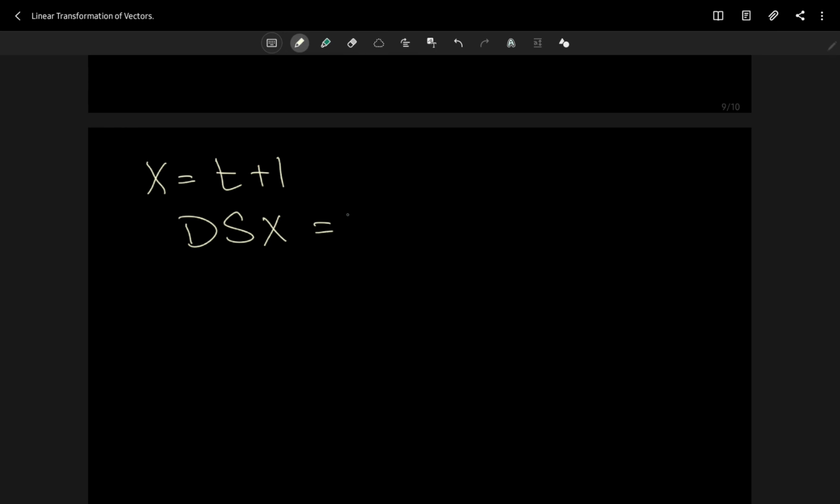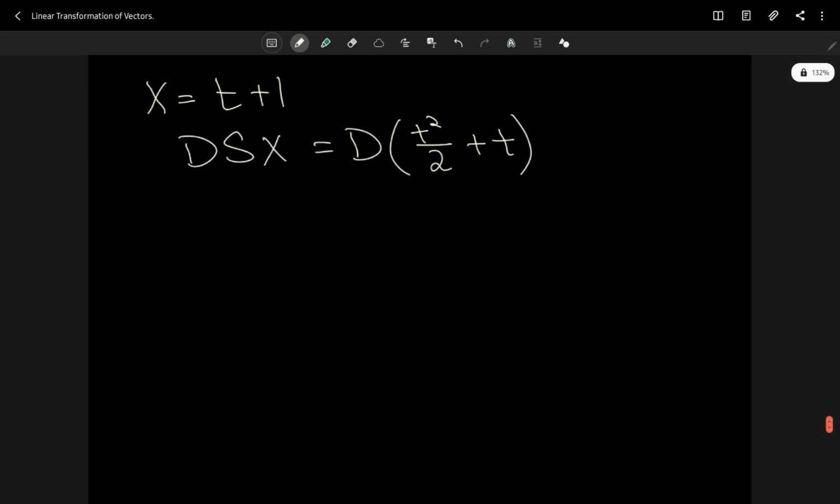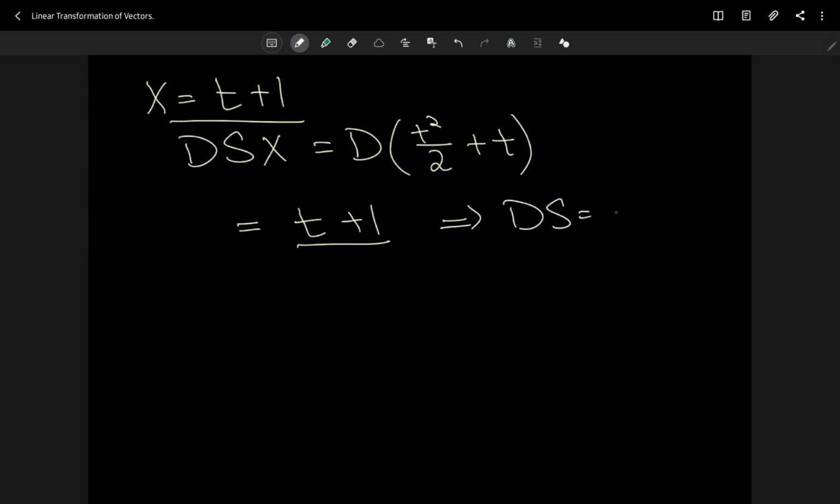If I apply the integration, the integral of t would be t squared over 2, and the integration of this 1 would be t, right? Now let me take the derivative. 2 comes down, and this thing becomes t plus 1. So far it appears that DS is identity, right?